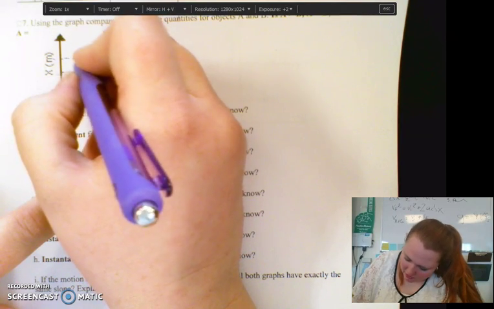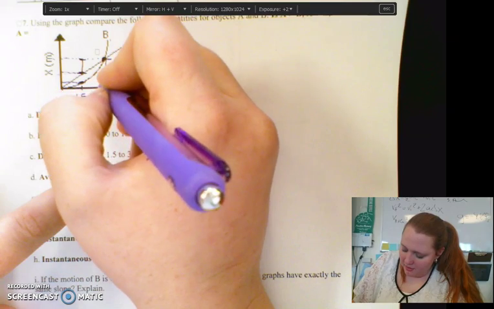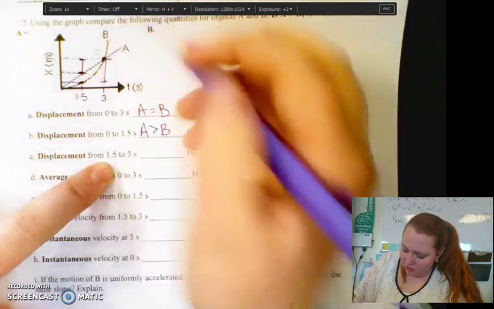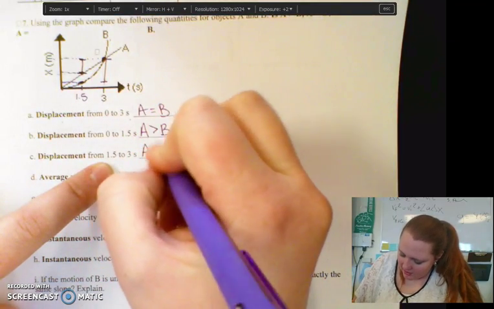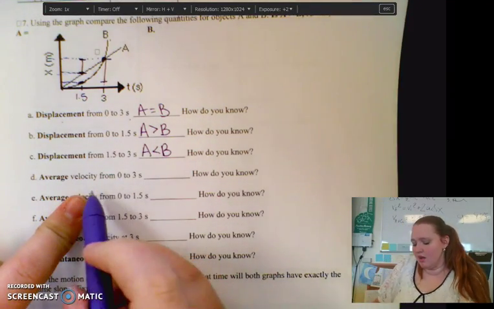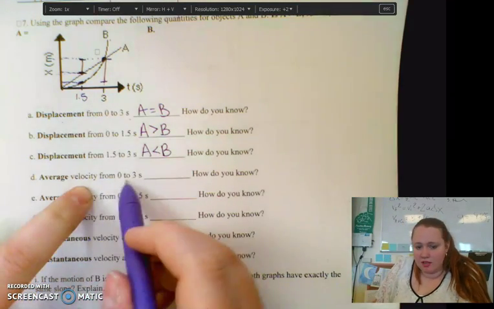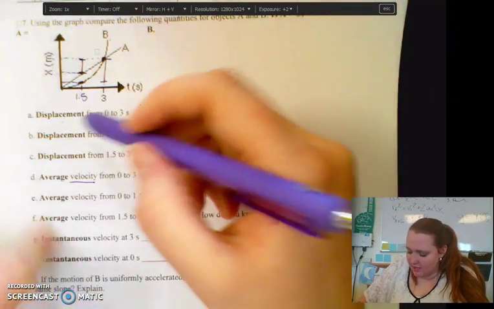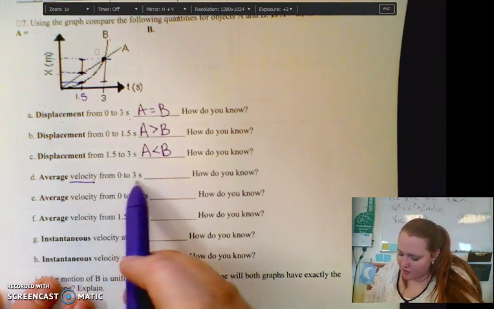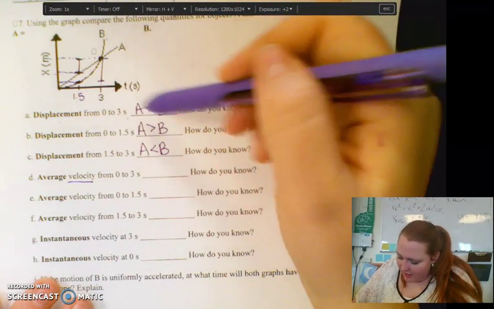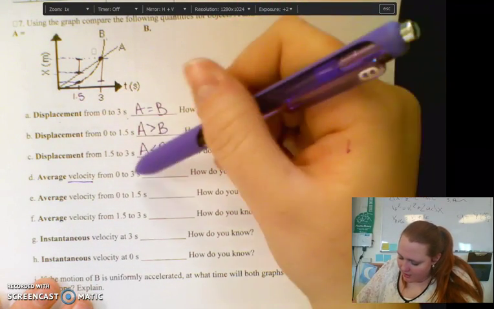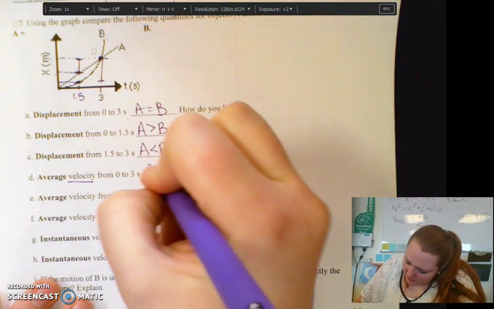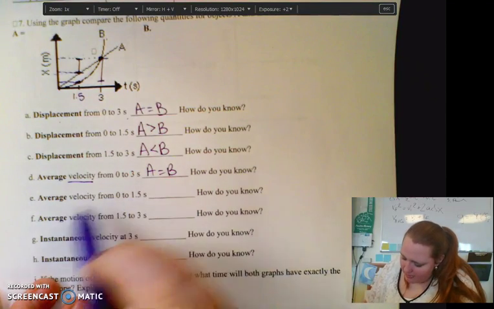If we compare those displacements, B is much greater than A. So I'm going to say A is less than B. Now for part D, average velocity from 0 to 3 seconds. Velocity is displacement over time. So if they have the same displacement and it's the same amount of time, they're going to have the same average velocities.